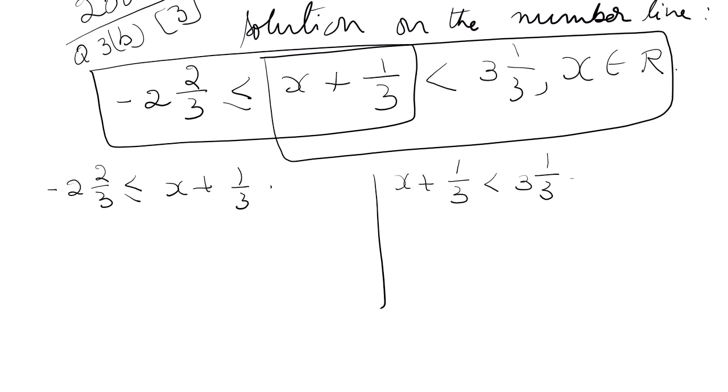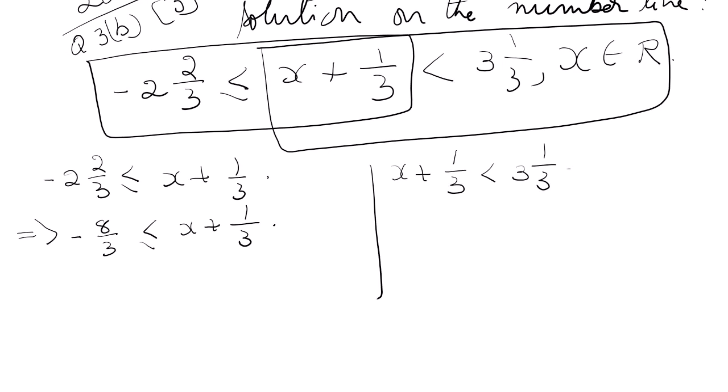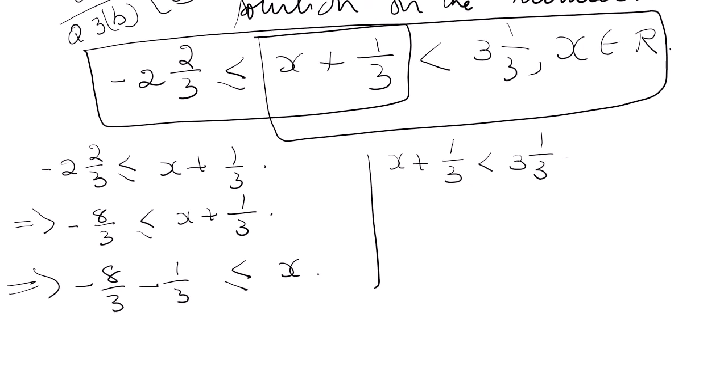Now here this implies minus 3 2s are 6 plus 2, 8 upon 3 is less than or equal to x plus 1 upon 3. So this implies minus 8 upon 3, and bring this 1 upon 3 this side. So plus 1 upon 3 when it comes this side becomes minus 1 upon 3, is less than or equal to x.